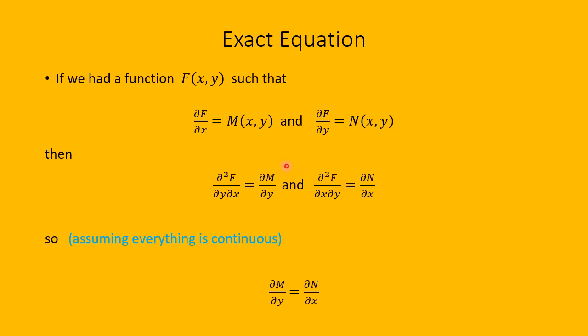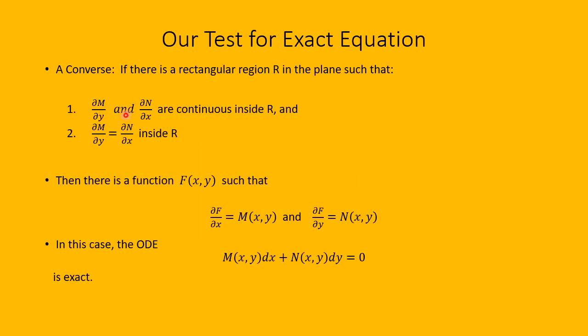And so that must mean that the partial of M with respect to y equals the partial of N with respect to x. So assuming that those partials are continuous, we get this result. The partial derivative of M with respect to y has to equal the partial derivative of N with respect to x if we have an exact equation.